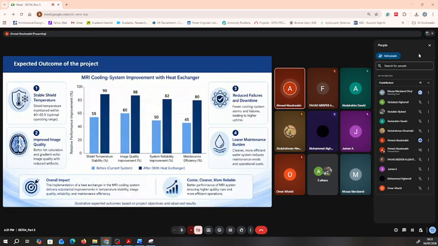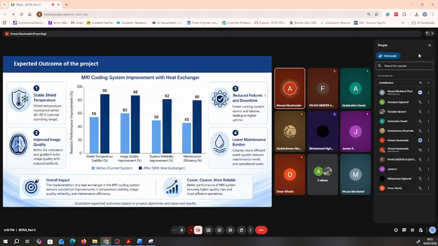Here is a picture of the expected outcome of the project. Stable shield temperature between 40 to 60 Kelvin, the optimal operating range. Improved image quality, better fat saturation and greater echo image quality with reduced artifacts, reduced failure and downtime of the system, and also lower maintenance burden, which is cost effective.